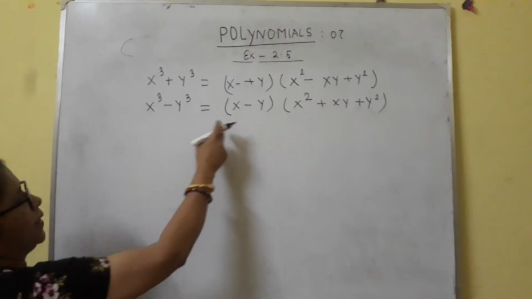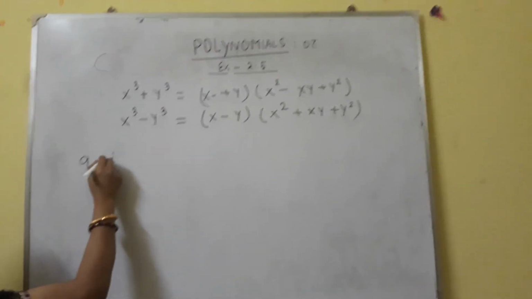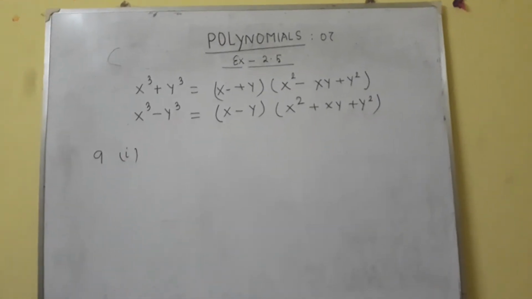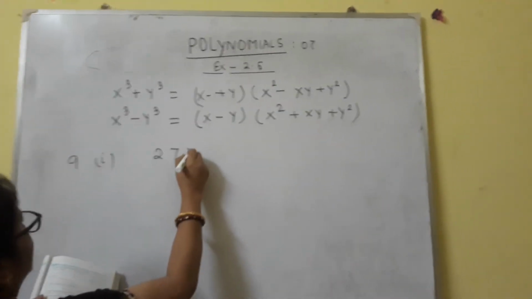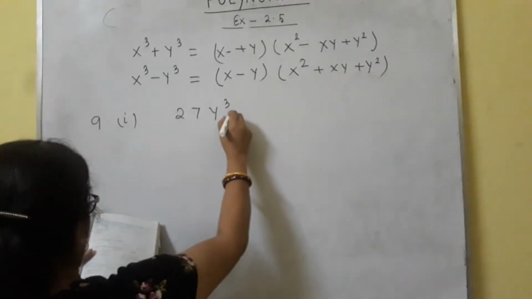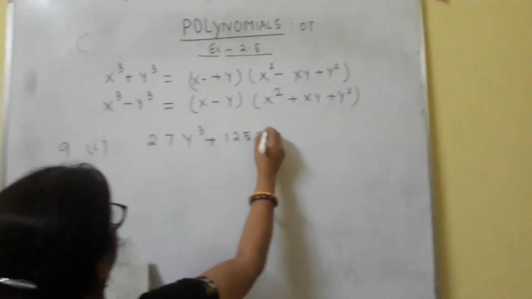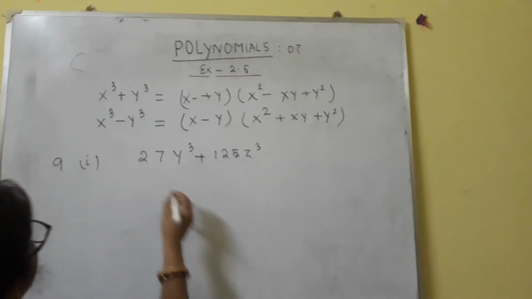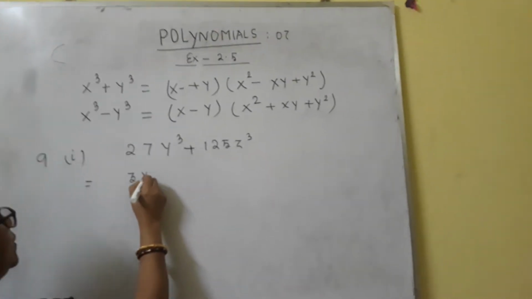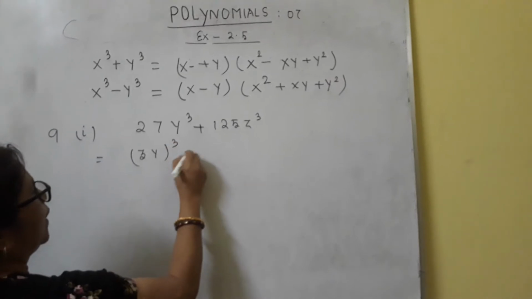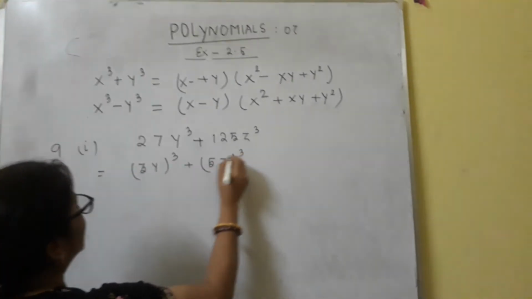Now using this identity, we will solve sum number 9. 9.1, that is 27y cube plus 125z cube. 27y cube means 3y whole cube. 125z cube means 5z whole cube.